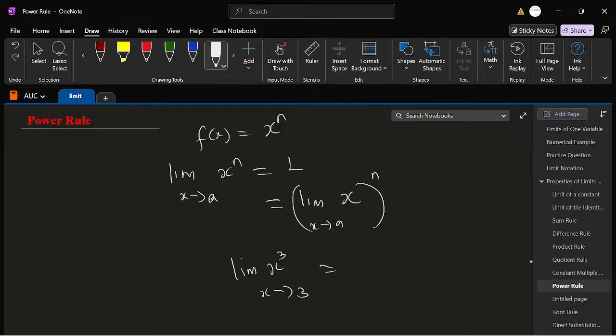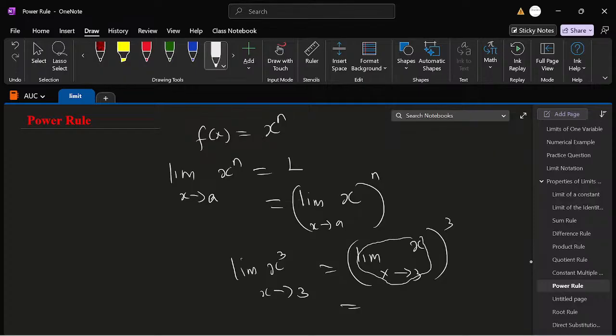So this will be equal to the limit as x approaches 3 of x, then everything raised to the power of 3. Once again, this is the identity property.